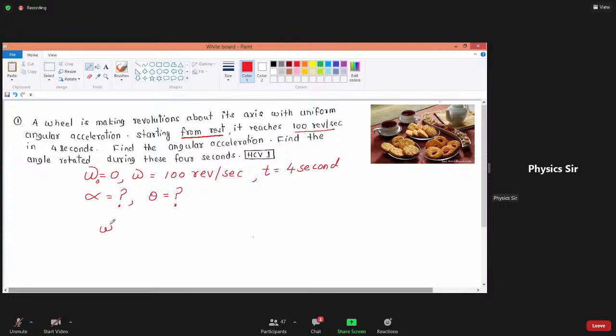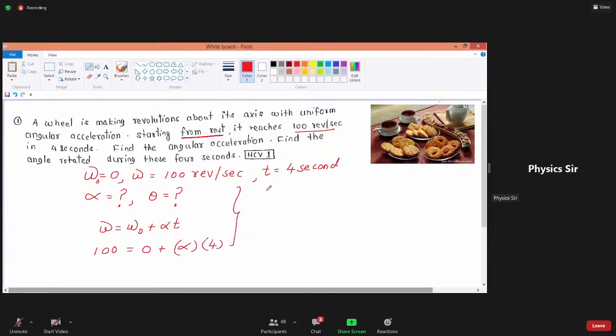So very simple. What is omega? Omega it is equal to omega naught plus alpha t. So what is omega? Omega is 100. What is omega naught? Omega naught is 0. What is alpha? Alpha is alpha. And what is t? T is 4.